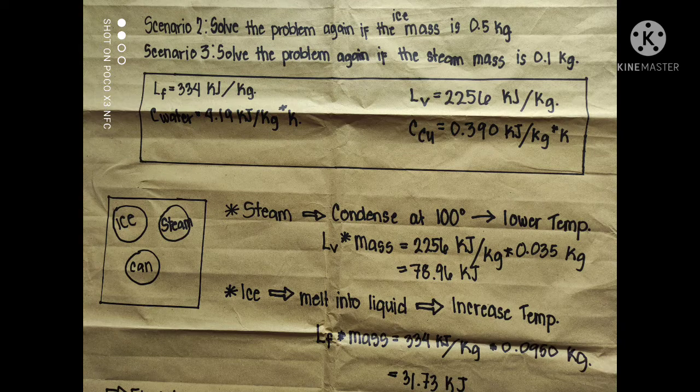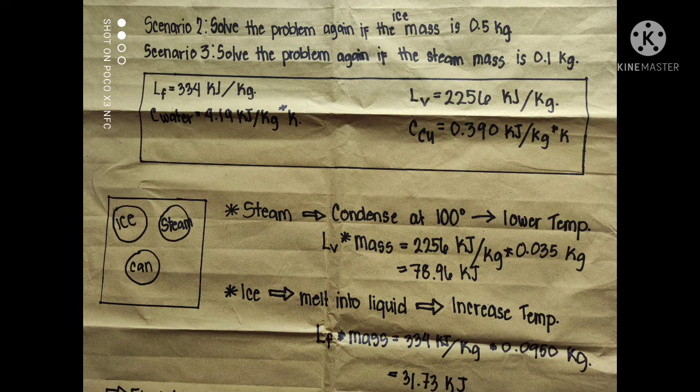To melt into liquid water, how much heat would it need to absorb to break the bonds? That will be LF, the heat of fusion, times the mass of ice. That would be 334 kilojoules per kilogram multiplied by 0.095 kilogram, and that is 31.73 kilojoules.